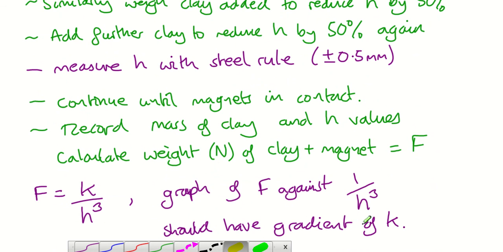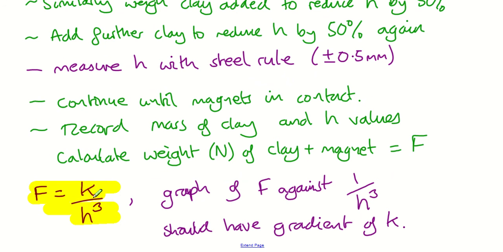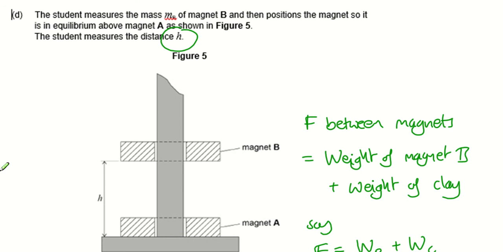The gradient should be k. I thought, well, fine, this is just standard stuff. So I think they want you to say you plot a graph of 1 over h to the third for your F. So F is your y-axis, and 1 over h to the third is your x-axis, and that's it.